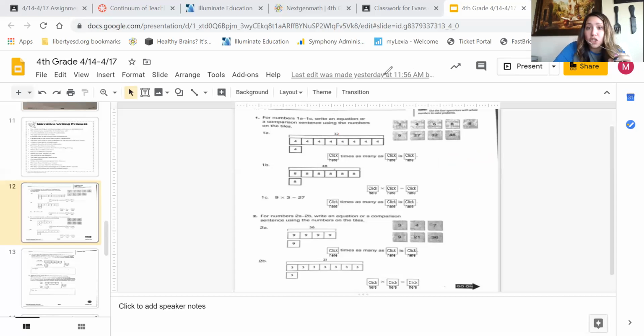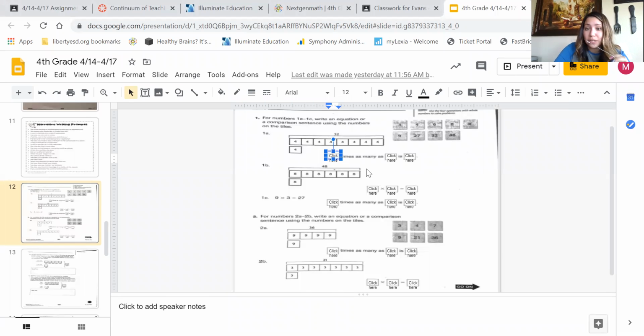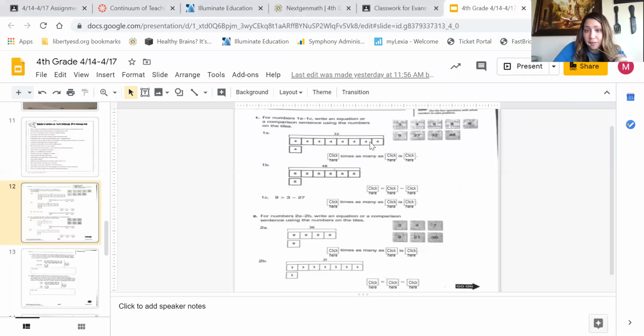However, it wants you to do the sentence. So that is where you would click here, where it says click here, and you would erase that text and put the numbers in. So you'd put 9, because that's how many boxes we have total, 9 times as many as what number is inside the box, 4 is 32, okay?